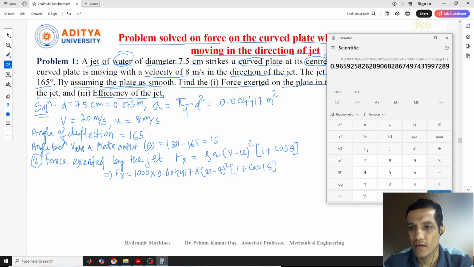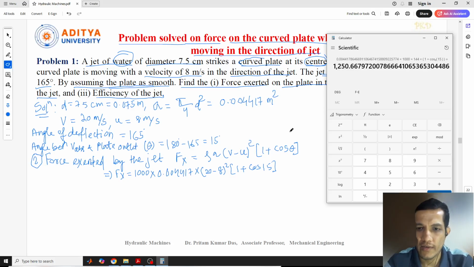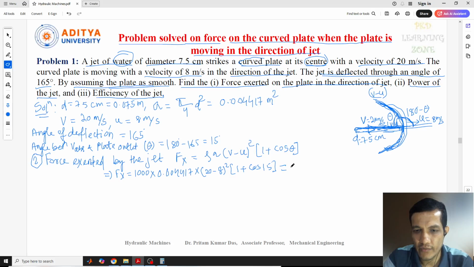This equals 1250.667, so I'll write only 1250.6. So the final answer we got here is 1250.6 Newton. This is the first answer.